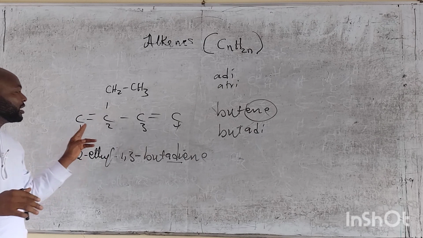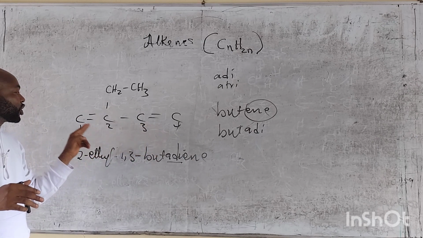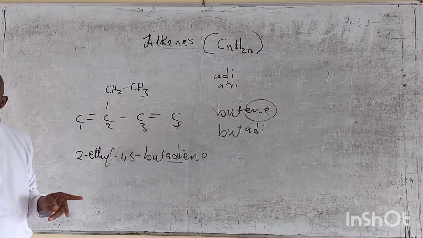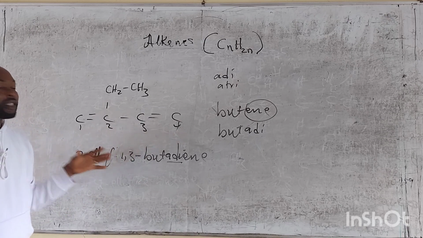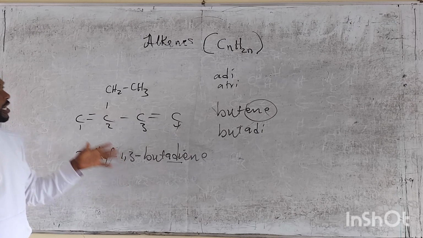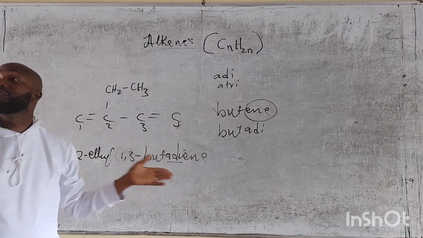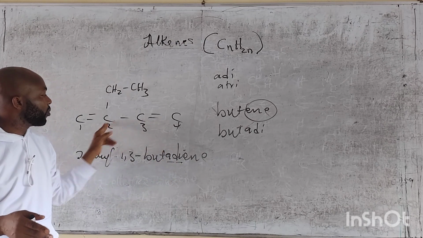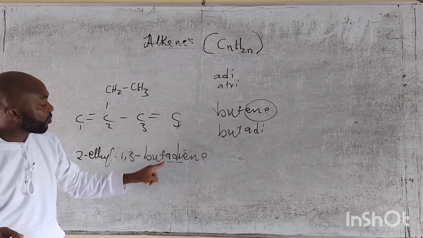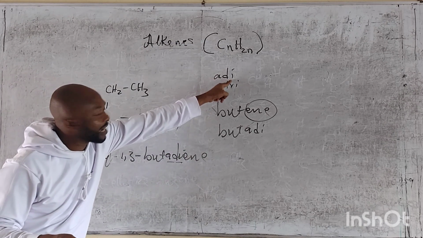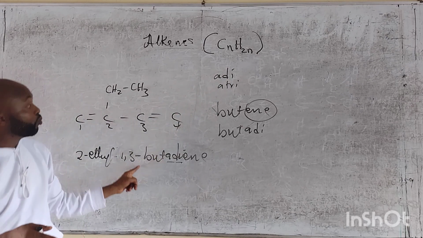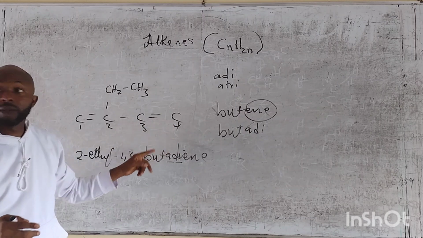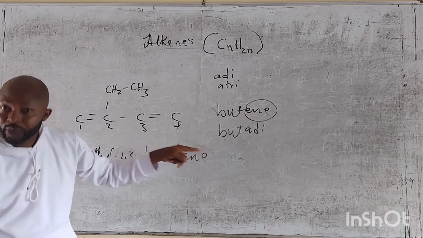So now the dienes are in position 1 and 3. So it becomes 1, 3 diene. But the chain is butane. Normally it would have been butene. They say no. When you have double bonds, instead of the ene, remove this and put adi. So instead of butene, it becomes butadi, since there are 2. If there are 3, it becomes butatri.